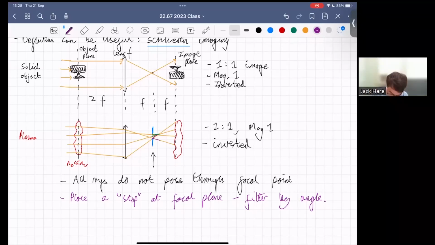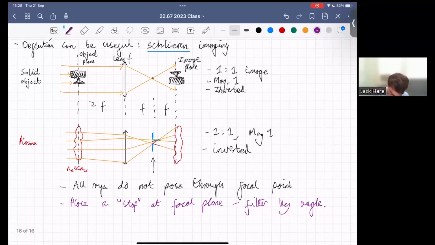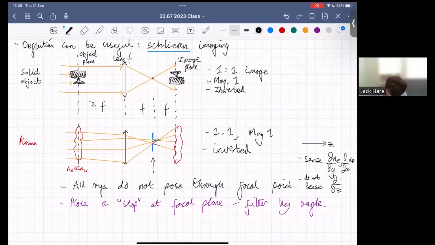And just, I want to make very clear, because I don't know if it came across when we were talking about it before, we only get deflections from density gradients which are perpendicular to the direction here. So if our ray is going in the z direction, we sense dy of ne and dx of ne, but we do not sense dz of ne.